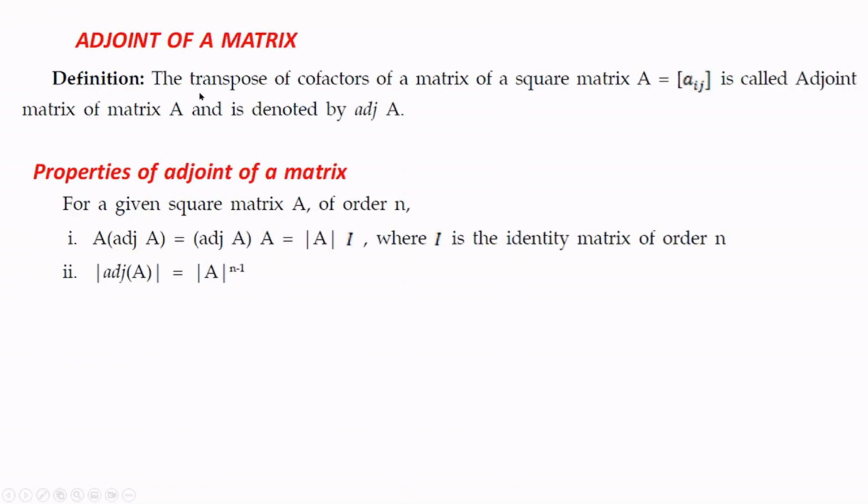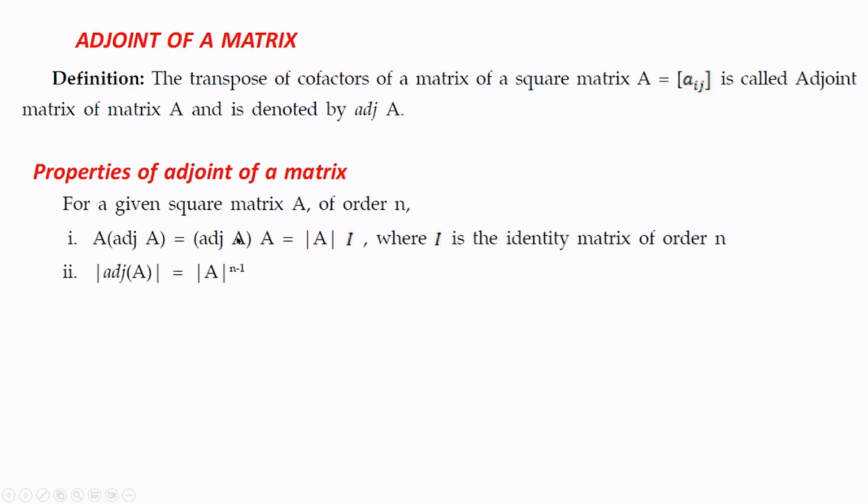Next we have adjoint of a matrix. The adjoint of a square matrix A is nothing but the transpose of the cofactors of A. So the transpose of cofactors of a square matrix A is called the adjoint of A. Next we have the properties of adjoint of a matrix.